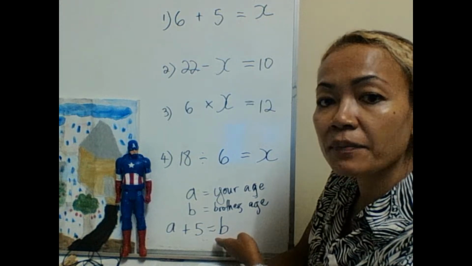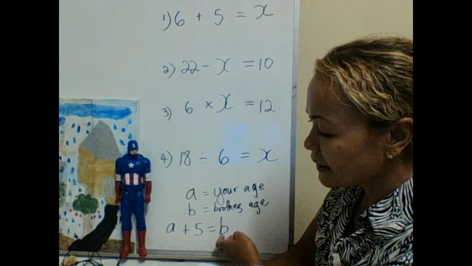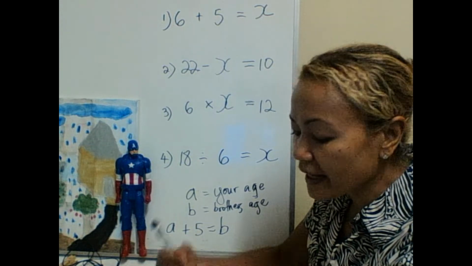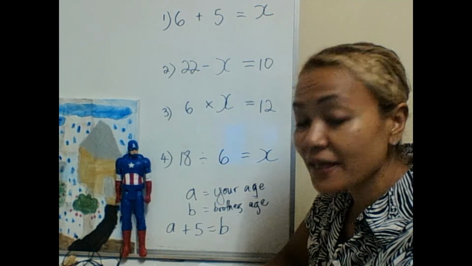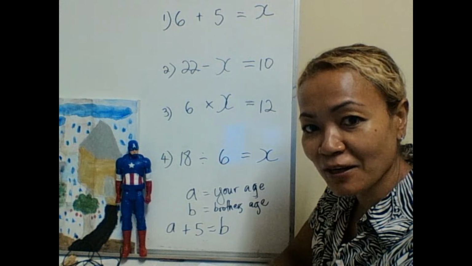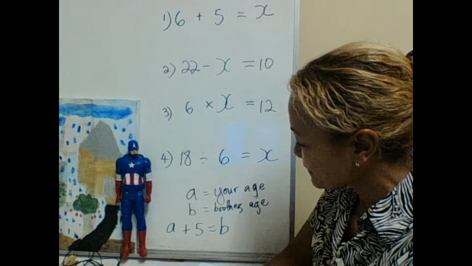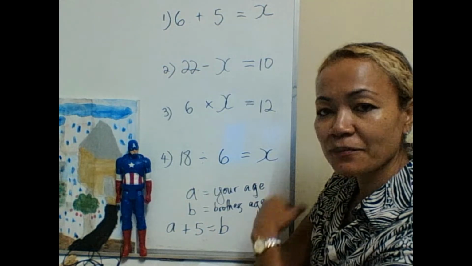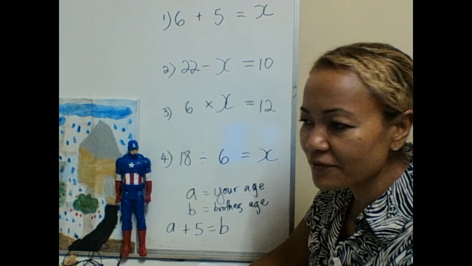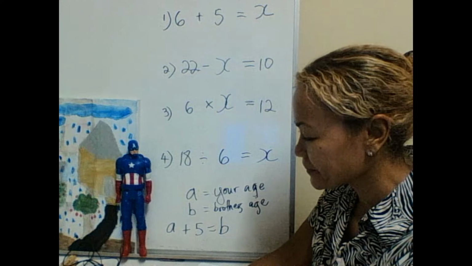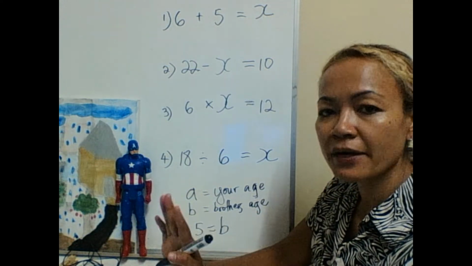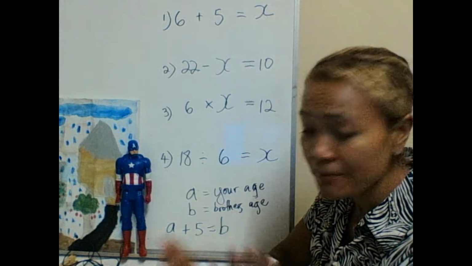In complex algebra, which you will learn far later on down the track, in many, many years' time if you continue with complicated maths, you'll get very, very complicated algebra involving many operations, many variables.